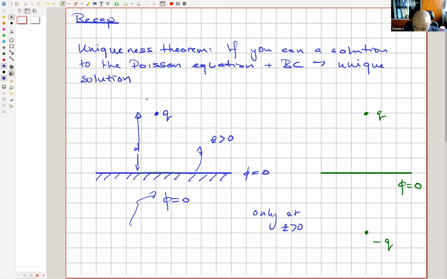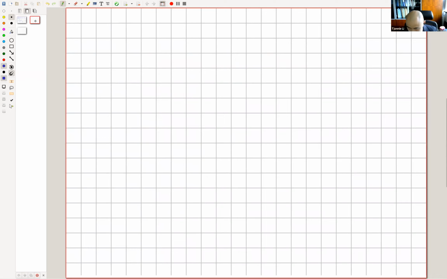Okay, now let's go to the main part of today's lecture, and in today's lecture, we're going to take a slightly different approach to solving the Poisson equation. So, as we've all seen, the Poisson equation now, can anyone give me the Poisson equation?